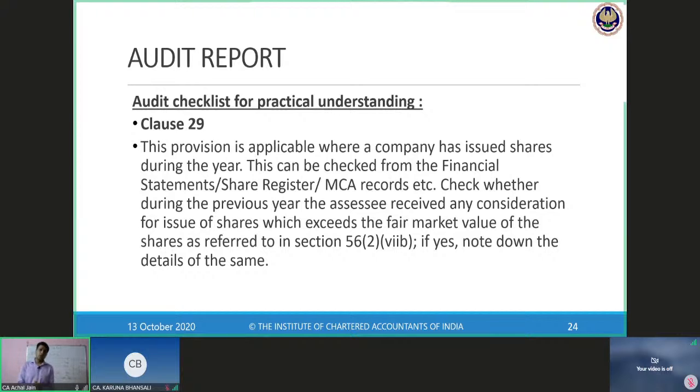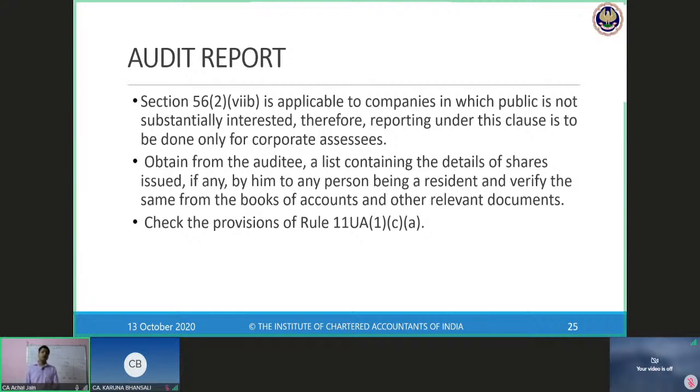By looking at the records, by looking at the listing of the shares. If yes, all of those should have been noted down by the management. This clause is applicable to companies in which public is not substantially interested. Therefore, the reporting under this clause is to be done only for corporate assessees.